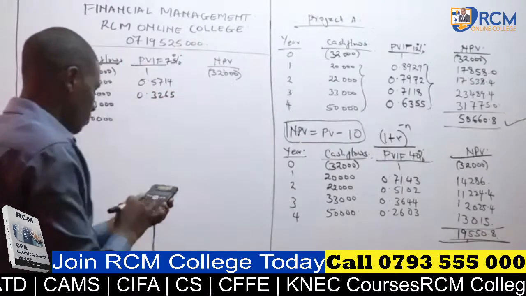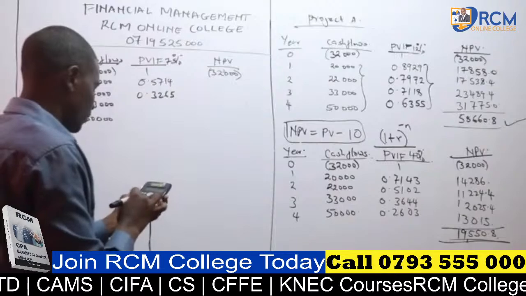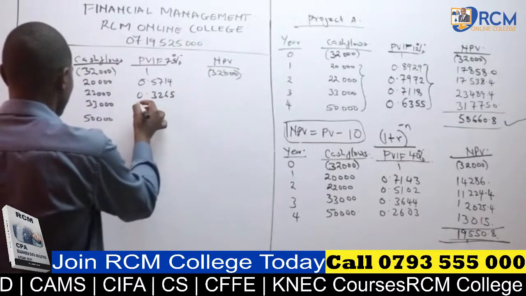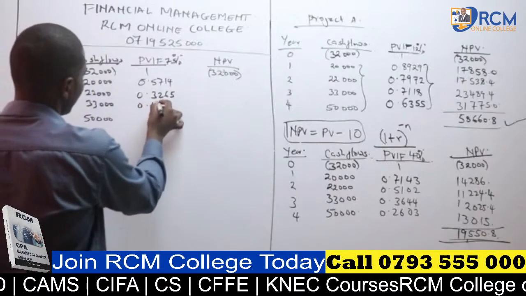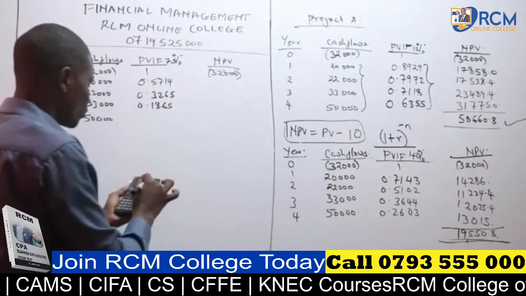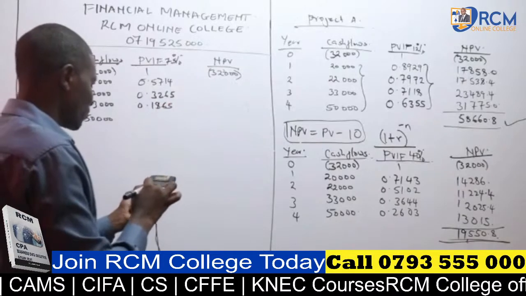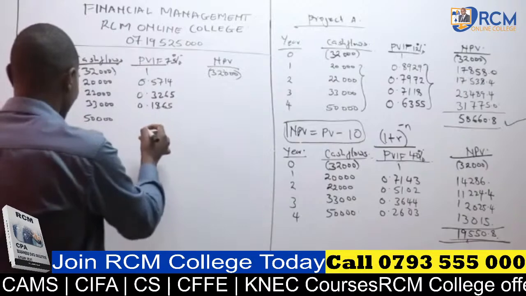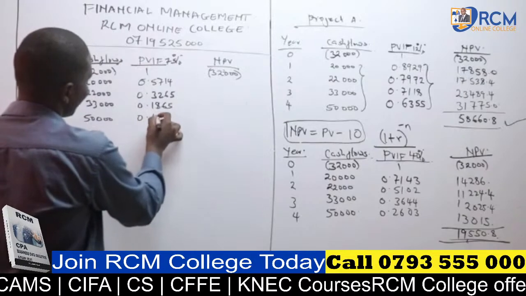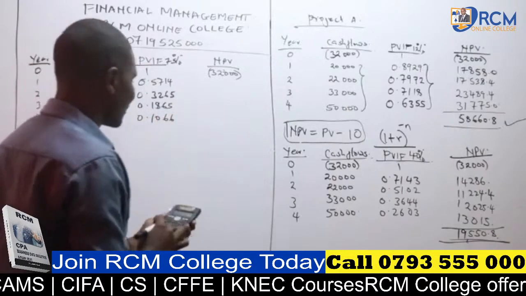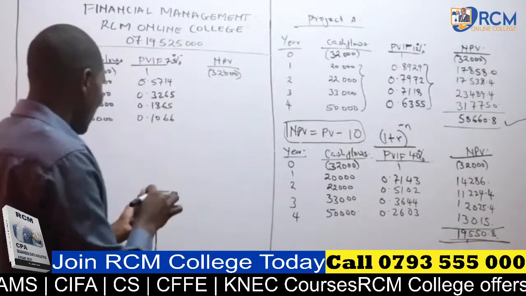And up to 1.75 raised power negative 3, 0.1865. The last one, 1.75 raised power negative 4, is 0.1066.